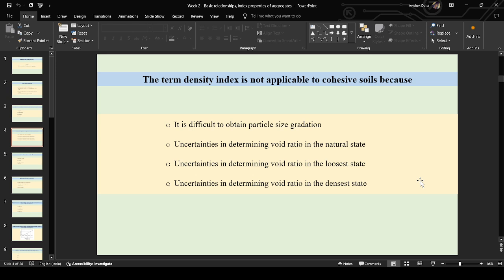Option 2, uncertainties in determining the void ratio in the natural state. Option 3, uncertainties in determining void ratio in the loosest state. Option 4, uncertainties in determining void ratio in the densest state.